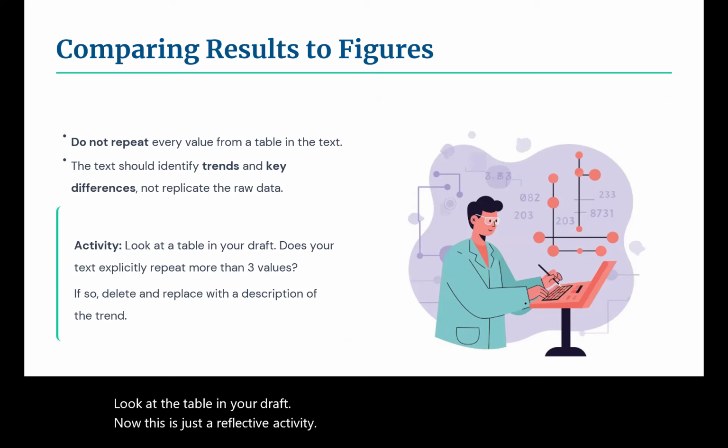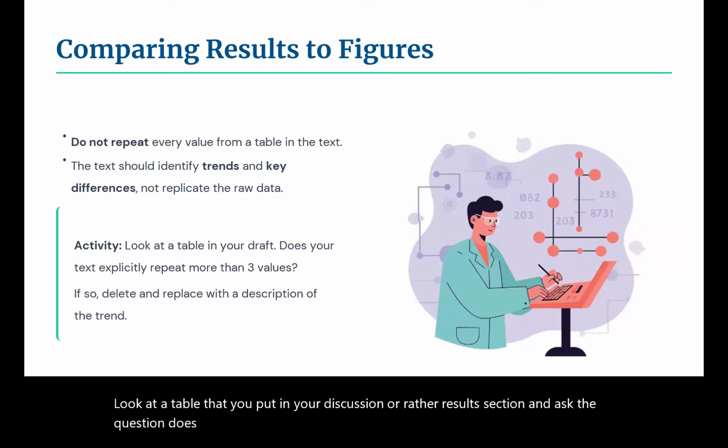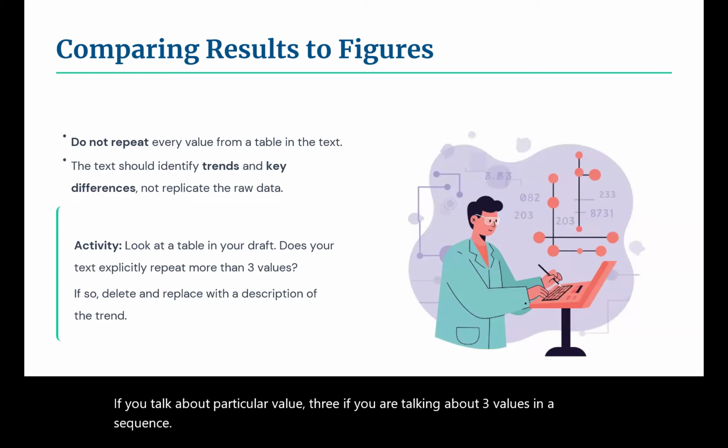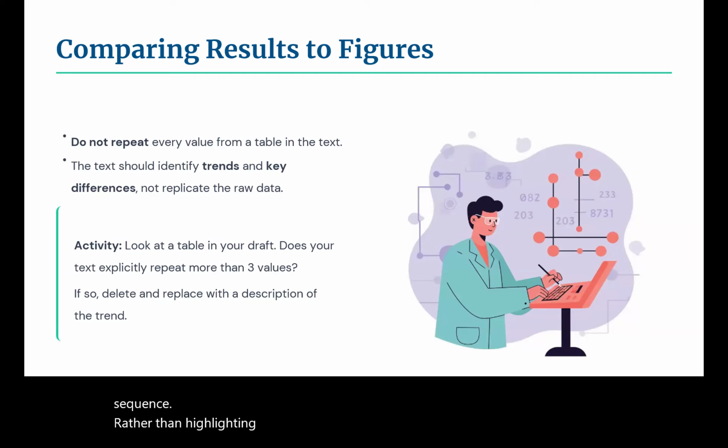Look at a table that you put in your discussion or rather results section and ask the question, does your text explicitly repeat more than 3 values? If so, delete and replace with a description of the trend. If you are talking about 3 values in a sequence, rather than highlighting the 3 values, it is better that you write down what trend it indicates, right?